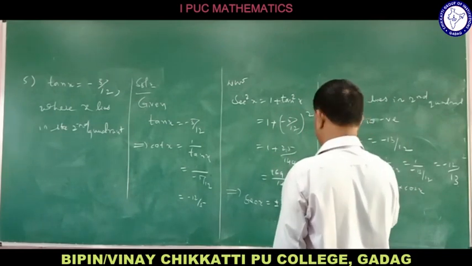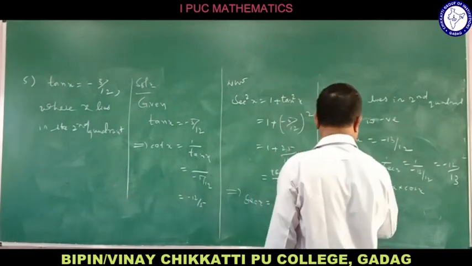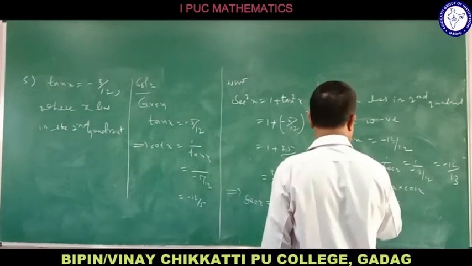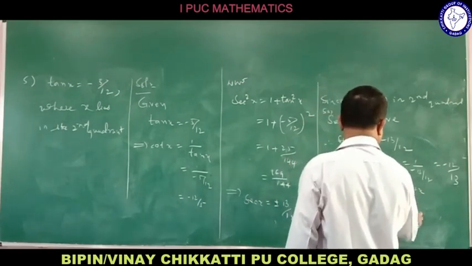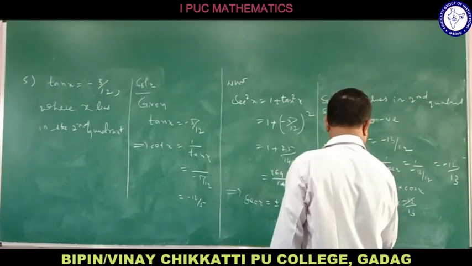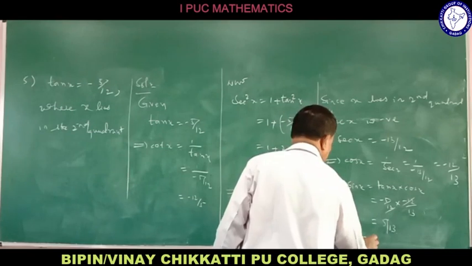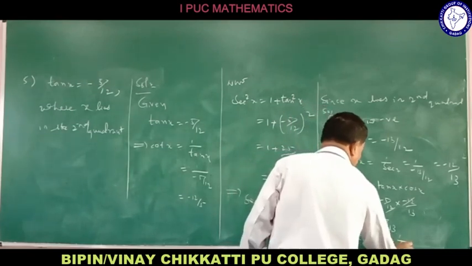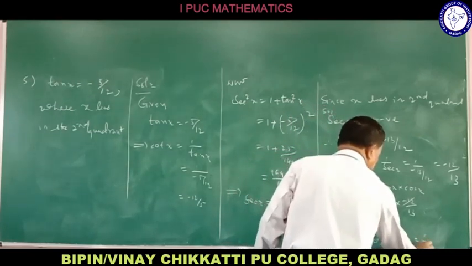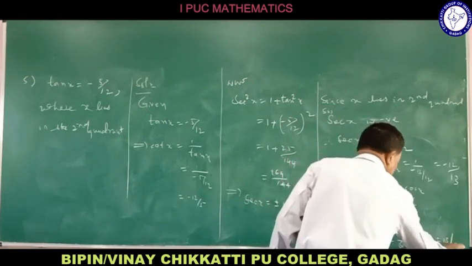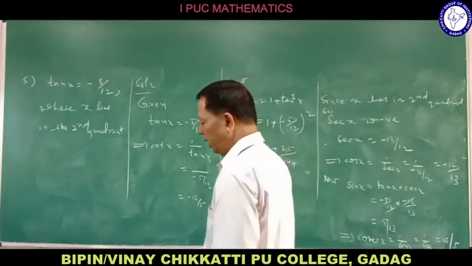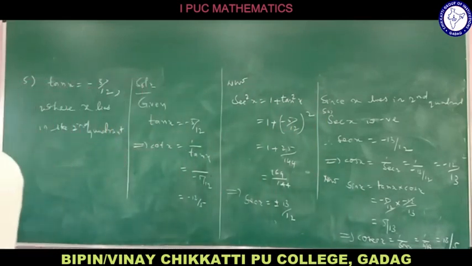Tan x is minus 5 by 12 into cos x is minus 12 by 13. So minus into minus, plus 5 by 13. So this implies cosec x is equal to 1 upon sin x, that is 1 upon 5 by 13, that is 13 by 5. So this is the way how we find the remaining trigonometric functions, and accordingly you can see the result.